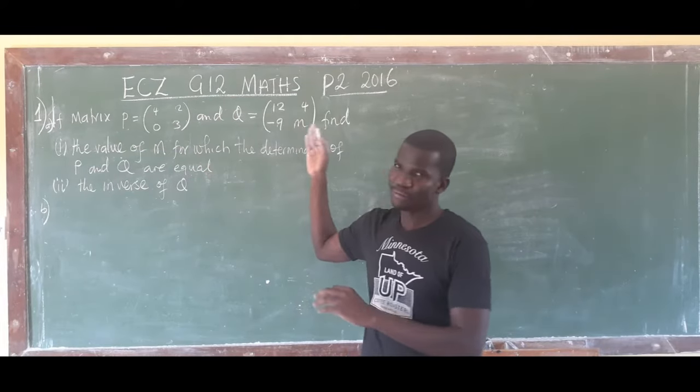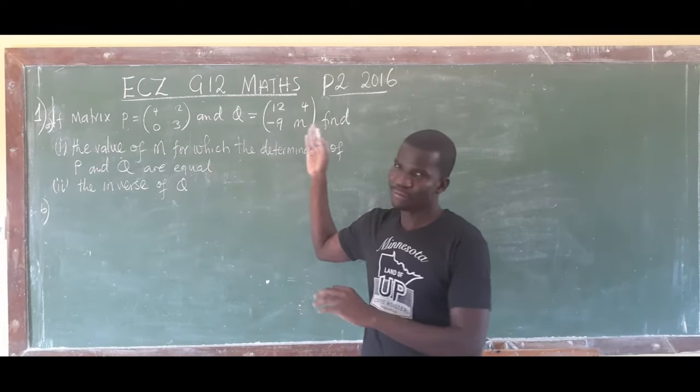So the determinant of P equals 3 multiplied by 4 minus 0 multiplied by 2. This gives us 12 minus 0.